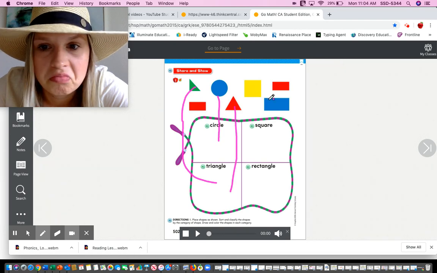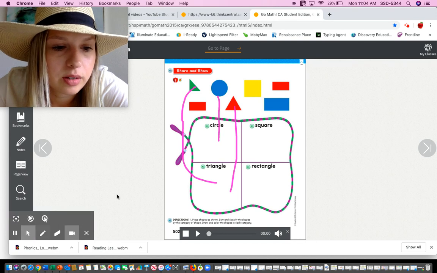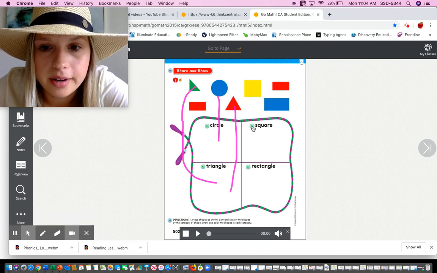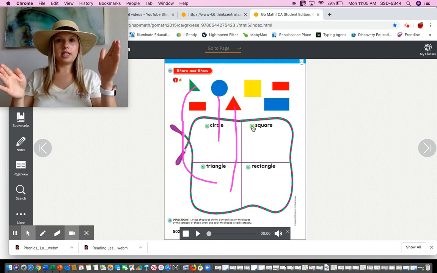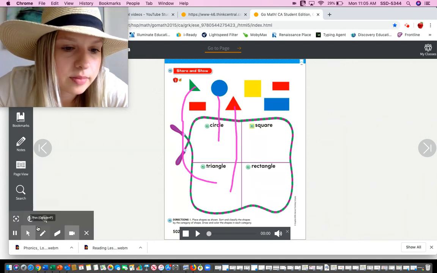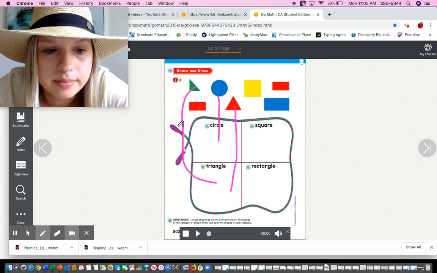This one. All right, moving on to square. Square has 1, 2, 3, 4 sides, 1, 2, 3, 4 vertices. And remember, if you turn a square, it stays a square. Be careful. Is this one a square?